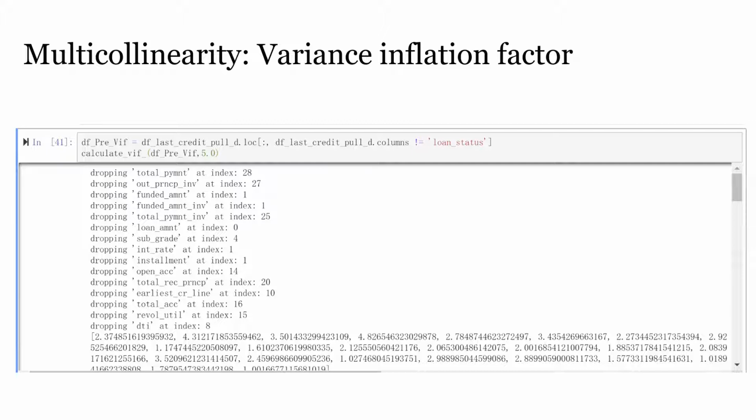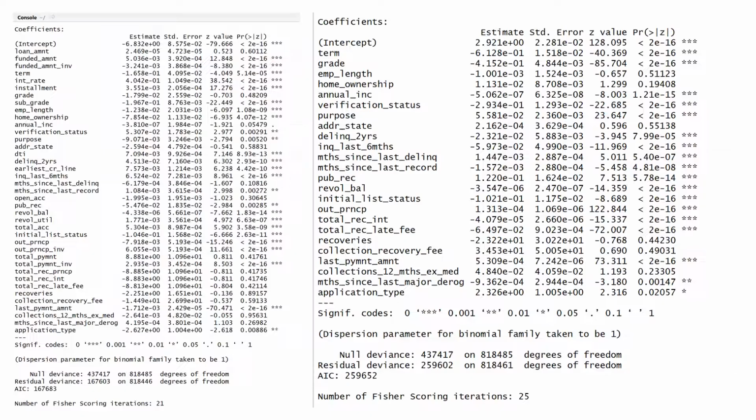We can tell the VIF does make sense, since it drops features like the subgrade and keeps features like the grade. To verify this, we decided to run the GLM model. After comparing with the GLM summary output, both the VIF and the GLM keep approximately the same features. This gives us further confidence in the VIF feature pre-processing method.